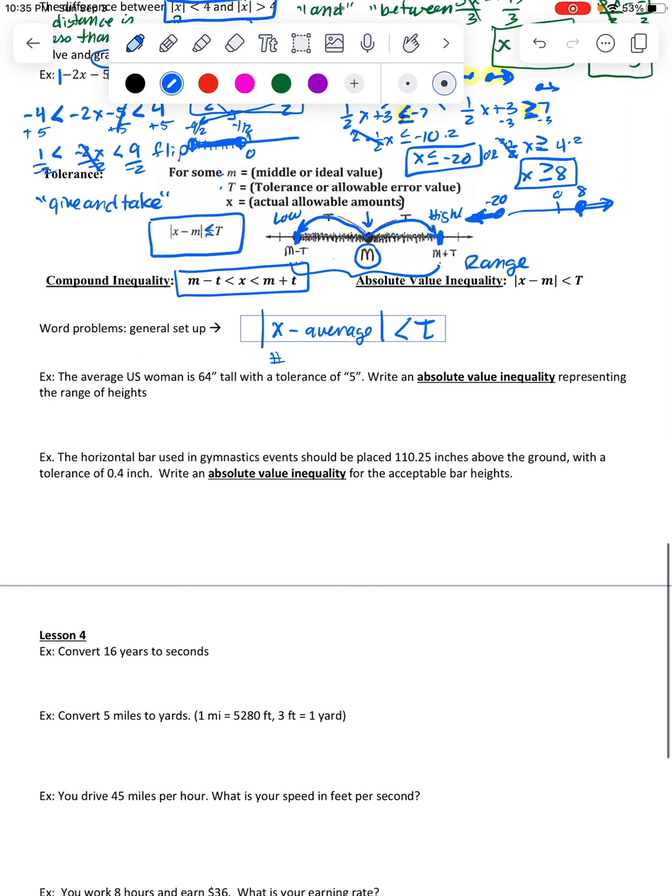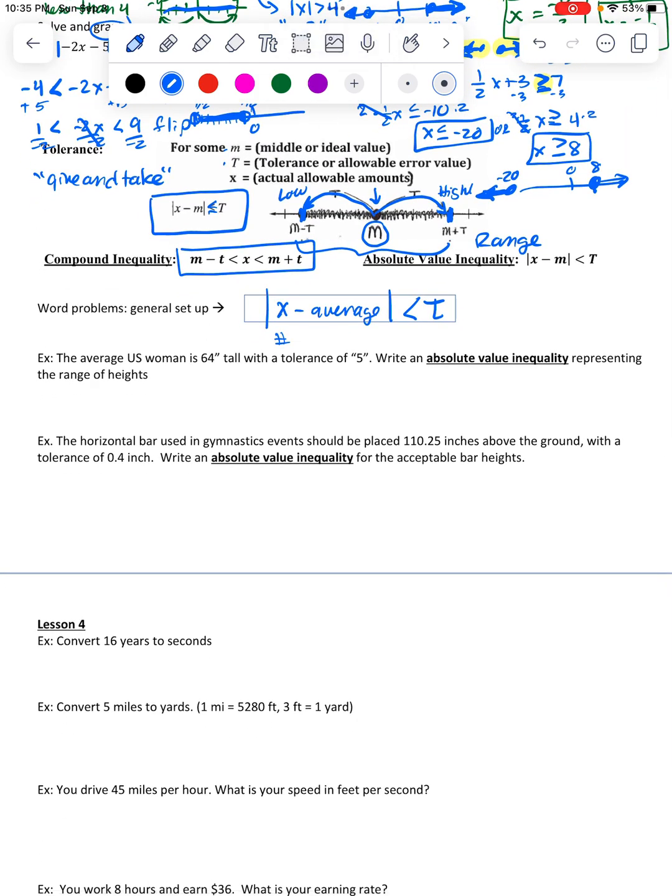So let's look at it in action. The average U.S. woman is 64 inches tall. So that's going to be my middle number. Here's 64, with a tolerance of 5 inches. So they could be 5 inches taller, or they could be 5 inches shorter, just to be in the norm. So that's how that plays out.